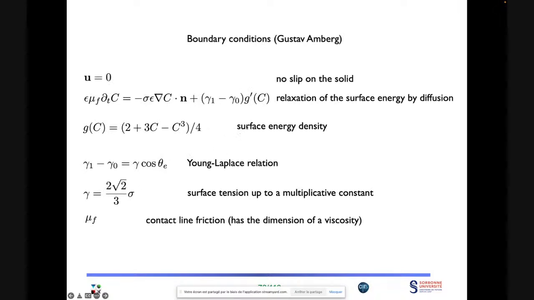They are obtained thermodynamically as the only possible boundary condition that satisfies the Onsager relations. And they give you a motion of the order parameter, motion of the interface, even in the case of no slip. So you perform this regularization miracle by having motion of the contact line even with no slip.